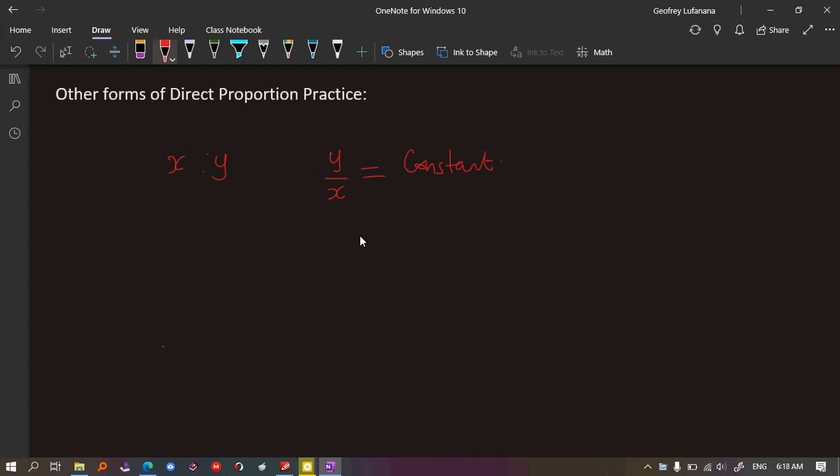So if I can also establish that y equals a constant times x, then they are in direct proportionality. Now we could have other forms.